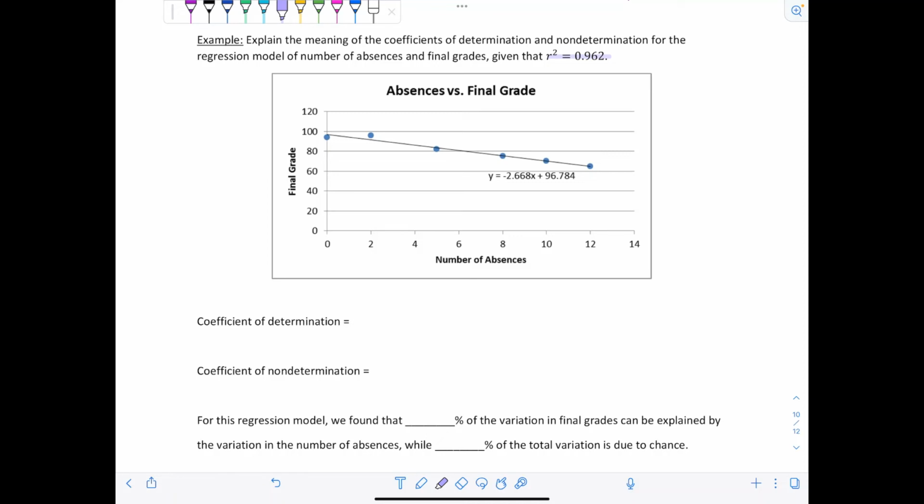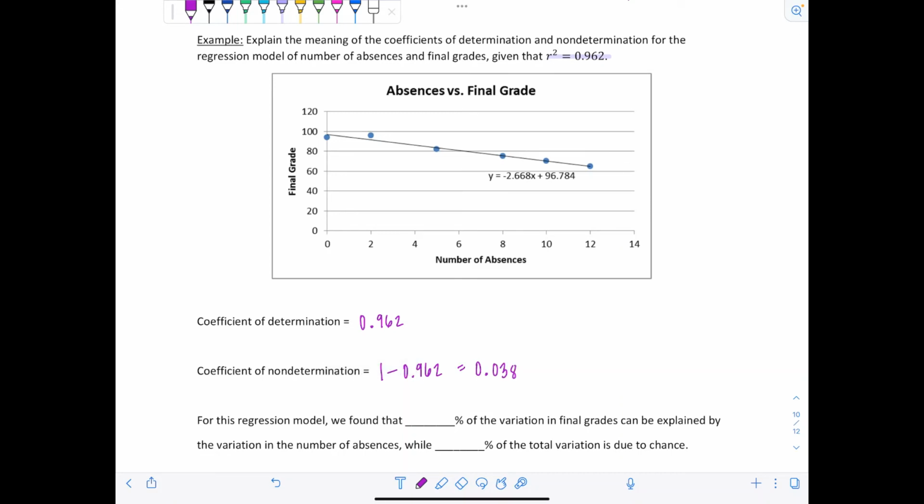Again, when you find a regression equation using technology, a lot of the time it will give you the value of r squared. So the coefficient of determination is r squared, that's 0.962. And the coefficient of non-determination is 1 minus r squared, so 1 minus 0.962, which is 0.038.